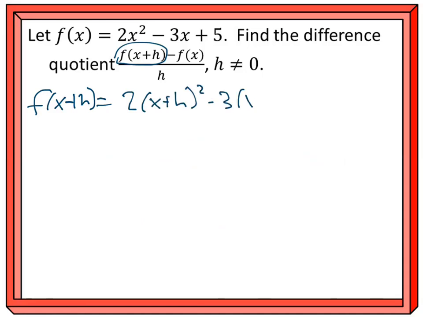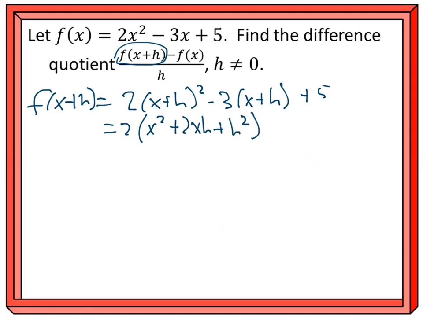Minus 3 times x plus h plus 5. And now let's simplify. So 2, I square out this x plus h, I get x squared plus 2xh plus h squared. Minus 3 times, well, no, I could go ahead and distribute that. 3x minus, don't forget the minus sign on the 3h, plus 5.